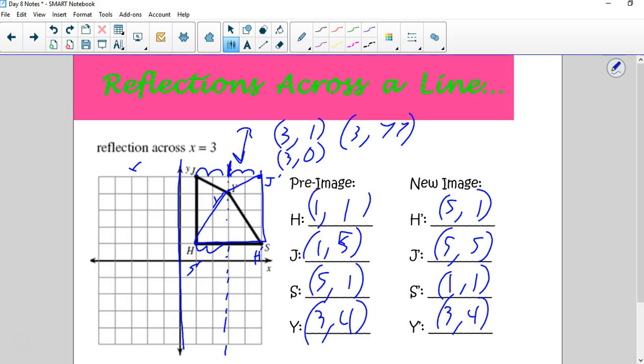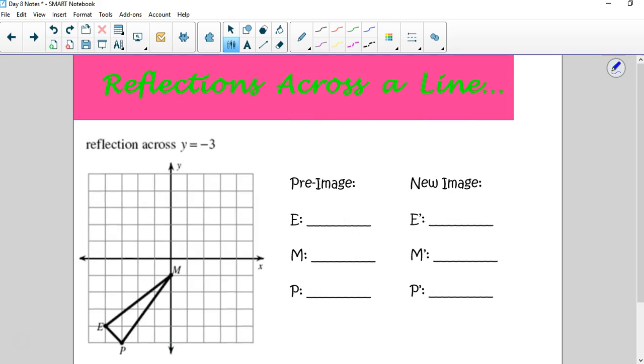So if you remember the last one in your homework on 1-7 had those two shapes that kind of folded over each other, and it looked something like that. That's because it was a reflection over a line somewhere in the middle of it. That's what was happening. It just happened to be also a translation because one of them was slid down a little bit. Okay, reflection across the line.